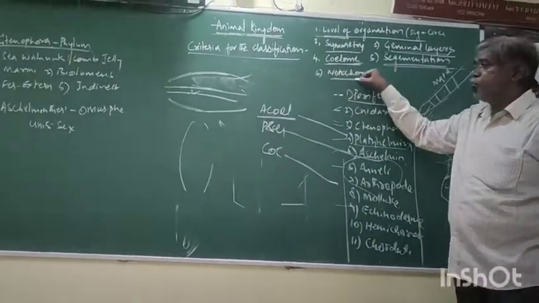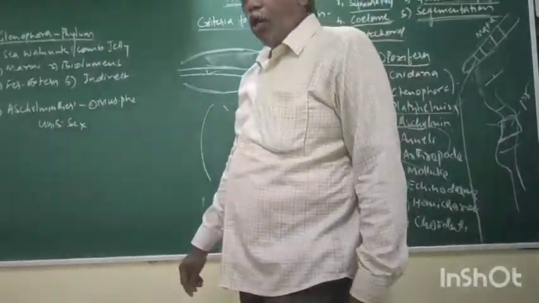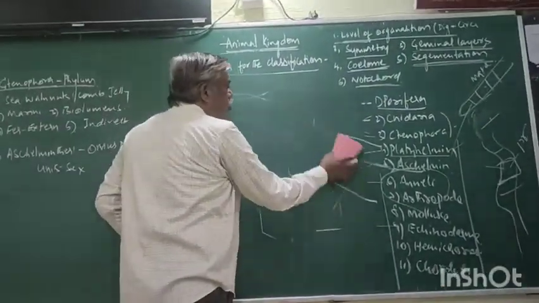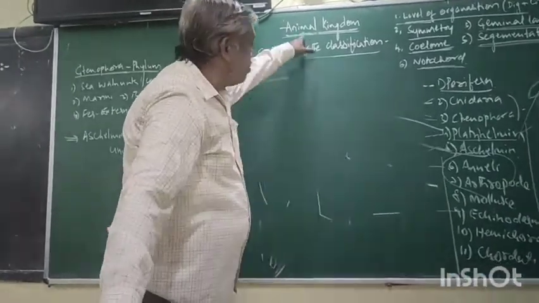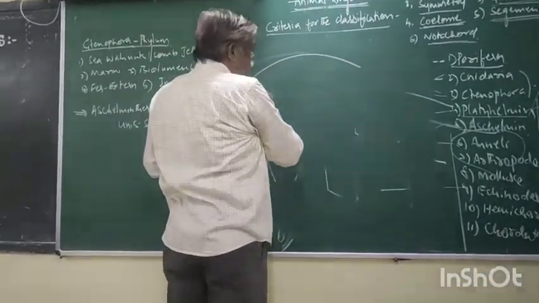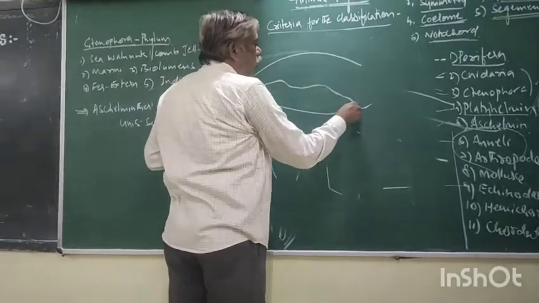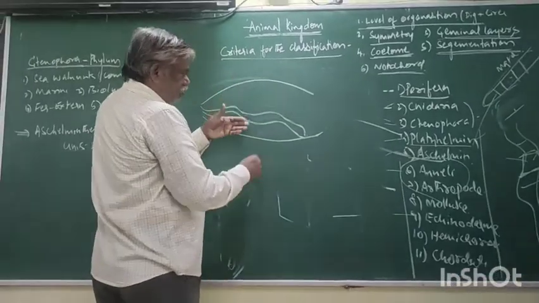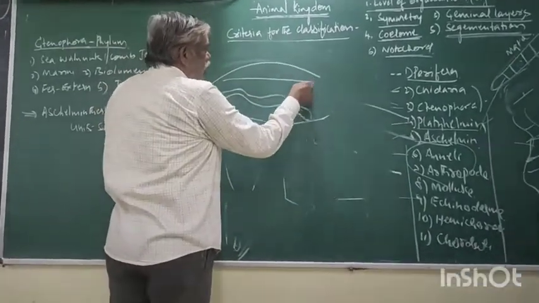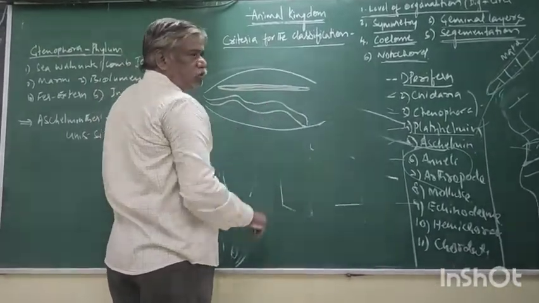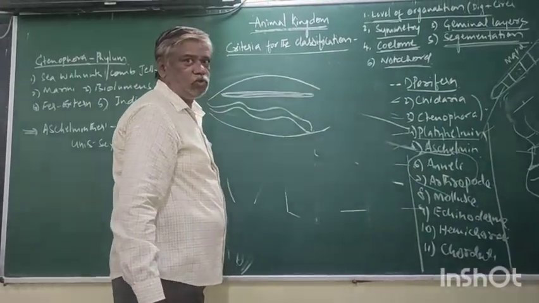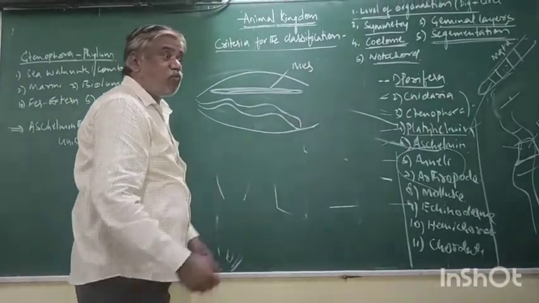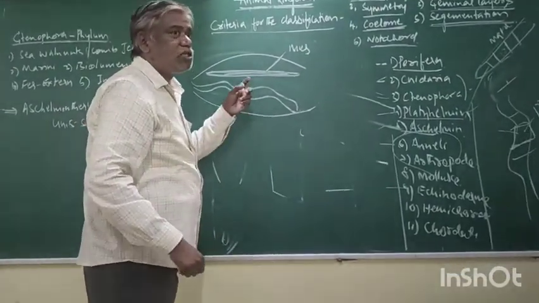Now come to the notochord. In the animal kingdom, some animals have a rod-like structure, which is formed by mesoderm, for support function.